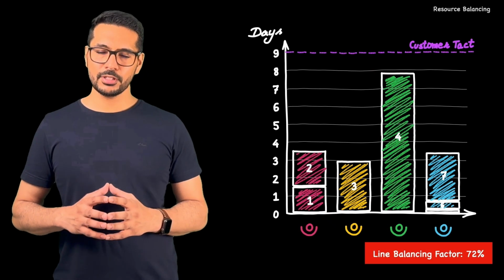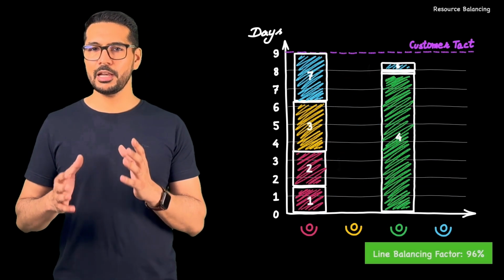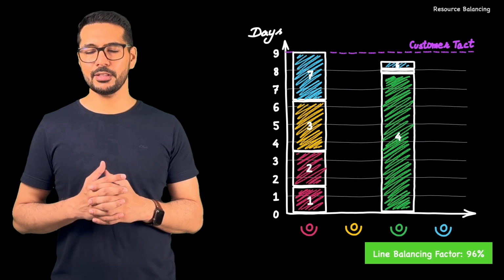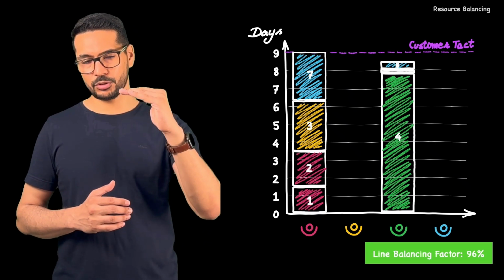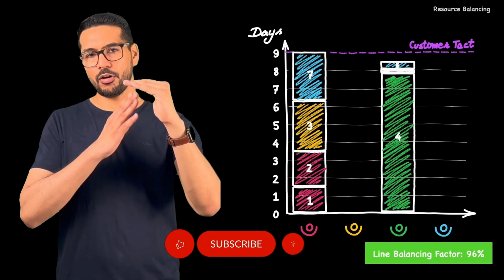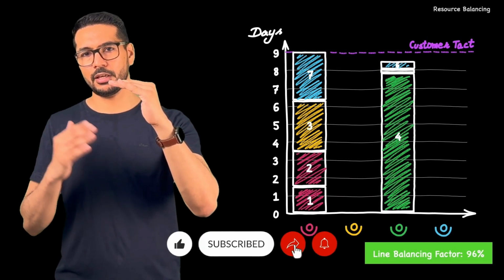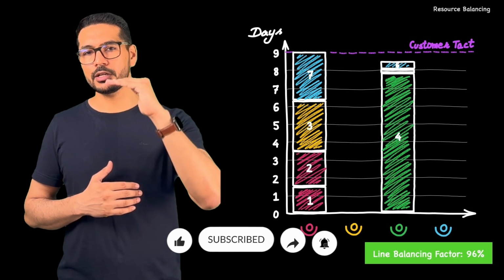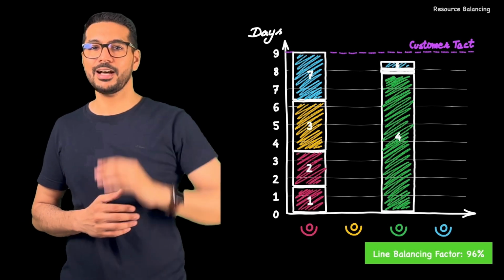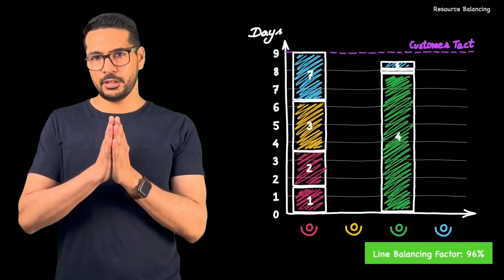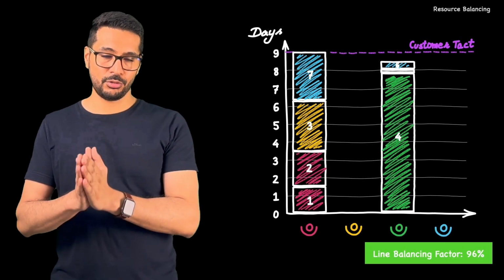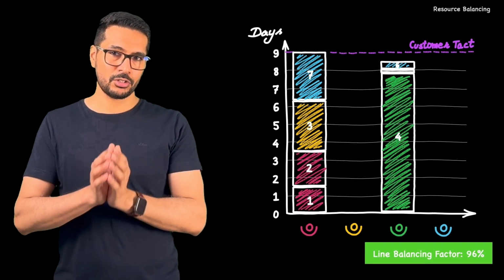If we shift these tasks and reallocate them in a way that we still remain under the customer takt, which means our speed of delivering these tasks is still quicker than the customer is asking, in that case we can remove employees number 2 and 4 because they are not required.